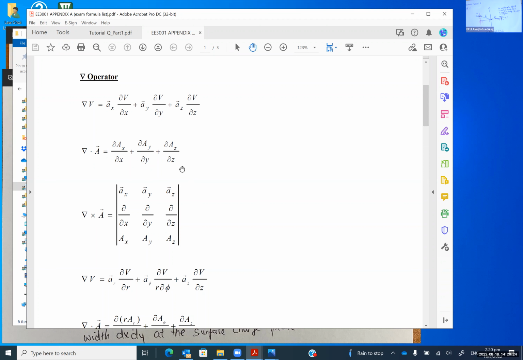Do you all know how to expand this further to get the actual ax component, ay component, and az component of this vector cross? You have to use the determinant. Any of you want me to go over that, or is it clear how to find this vector cross? Anyone wants me to show you how to do a vector cross? Yes? Okay.